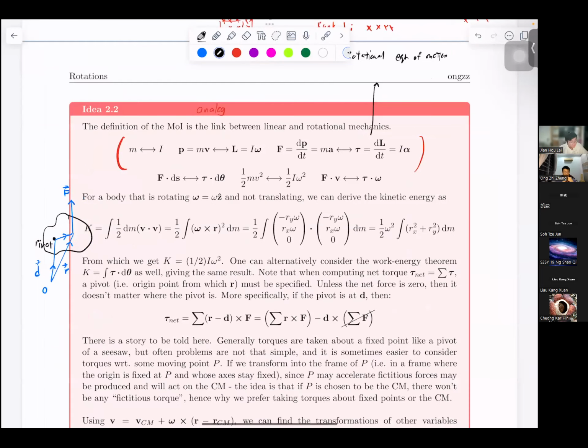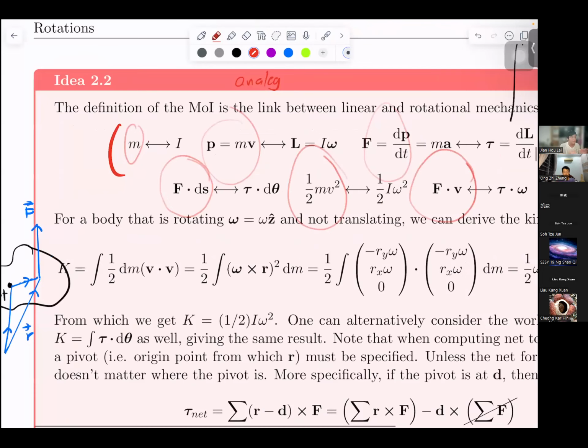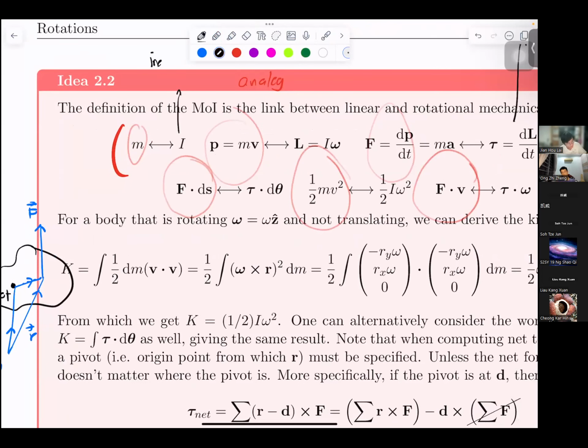When we talk about the translational, linear stuff, we talk about the mass, the linear momentum, the force, the work done, and also the kinetic energy. When you talk about the rotational stuff, somehow it is related, it is analogous to the things that we are doing, like inertia, which here is the moment of inertia.